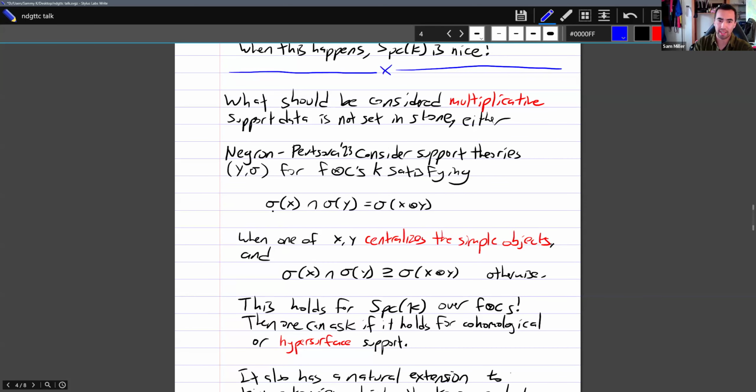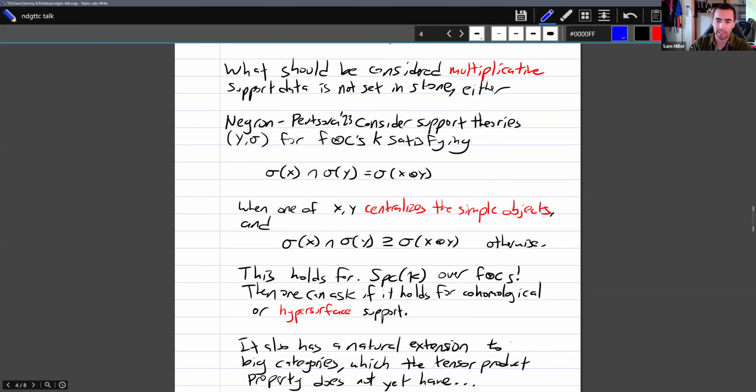So they satisfy that sigma of x intersect sigma of y is equal to sigma of x tensor y, the usual tensor product property, when one of x or y centralizes all of the simple objects in your finite tensor category. So in other words, you have a braiding, but only for the simples. And this does not necessarily imply that it centralizes the entire category, although, well, I'll just leave it at that. And otherwise, we just have an inclusion.